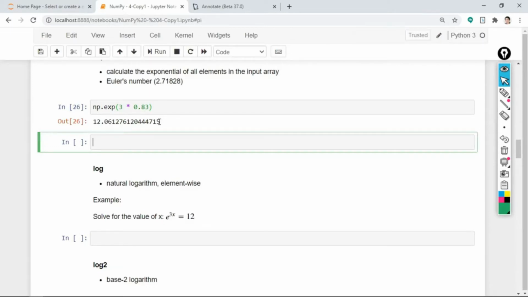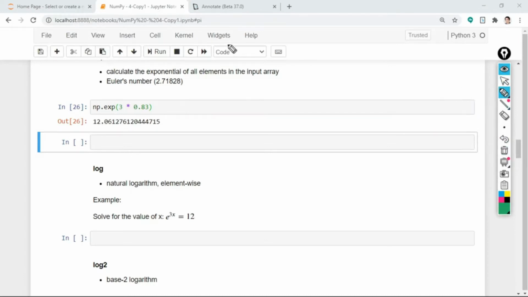It means that we raise the number to, if I write this down to make it clear once again, this will be equivalent to e raised to the 3 times 0.83, which is equivalent to 12. So I'll just erase the annotations.